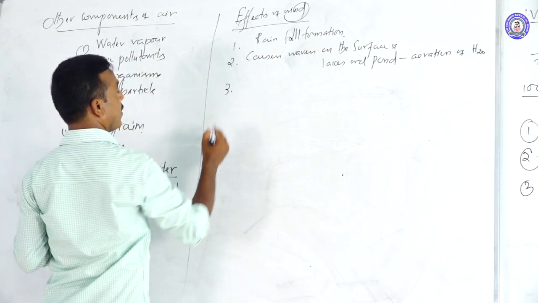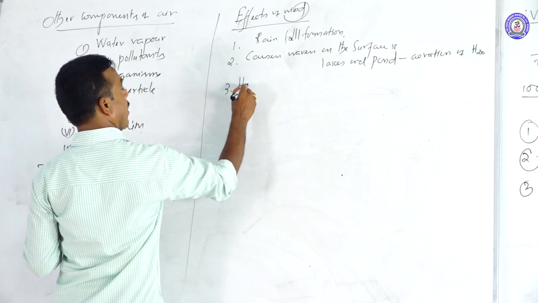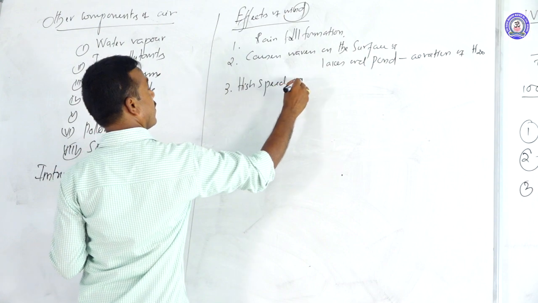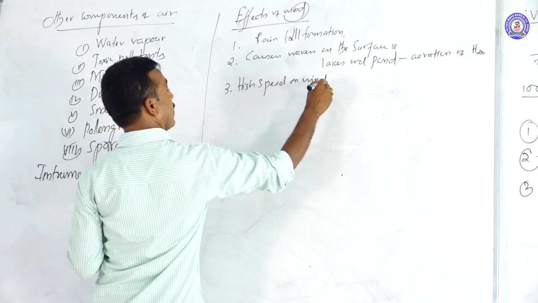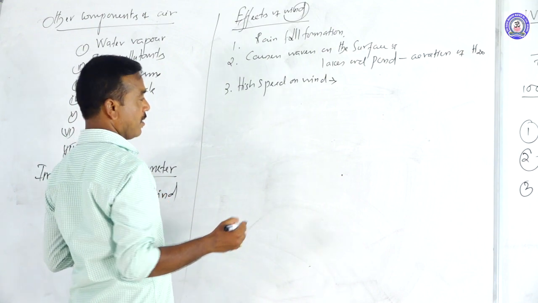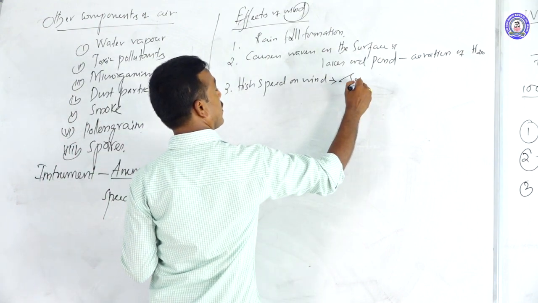Third one: high speed of wind affects soil erosion.